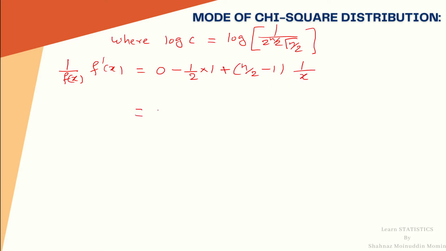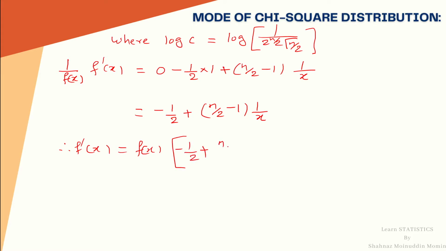This equals minus 1 by 2 plus n upon 2 minus 1 upon x. Therefore f dash x is equal to f of x into minus 1 by 2 plus n upon 2 minus 1 upon x. Let me call it equation number 2.